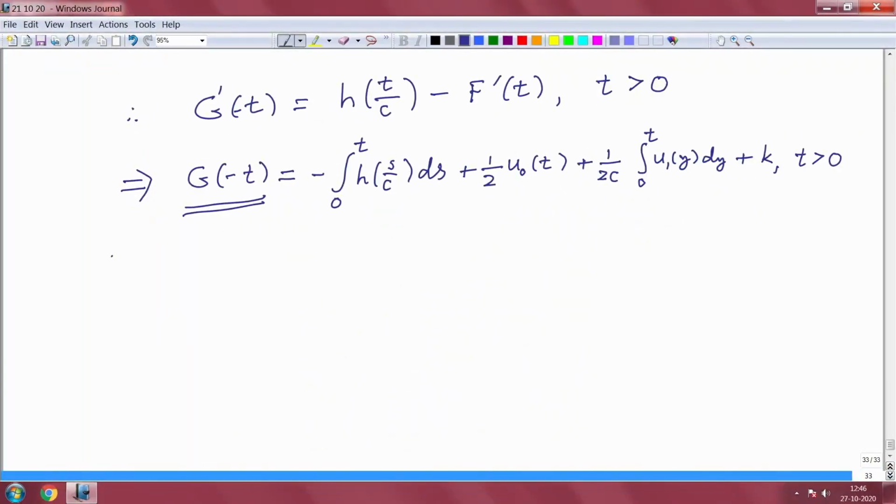So, therefore, for x less than c t, u of x t. So, let me just write that.